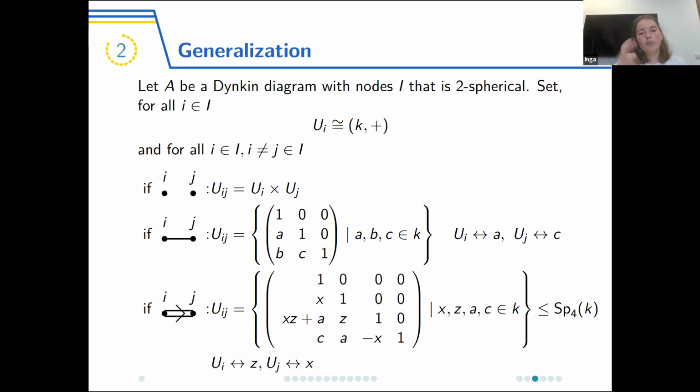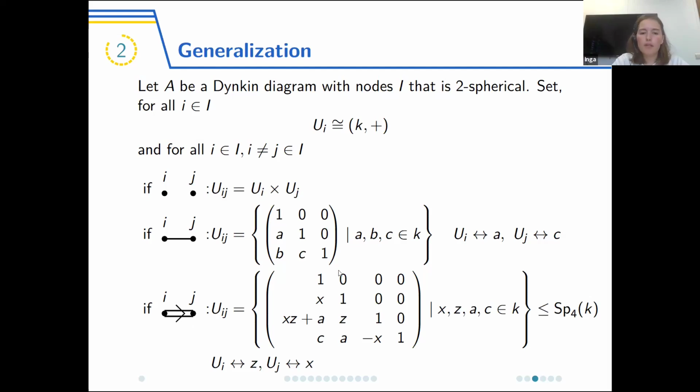For all pairs of vertices, we want to define a group where these U_i and U_j embed. We distinguish 3 cases. If the vertices are not connected, this is just a direct product. If the vertices are connected by a single edge, we take the Heisenberg group. And if the vertices are connected by a double edge with an arrow, we take this specific subgroup inside SP4.